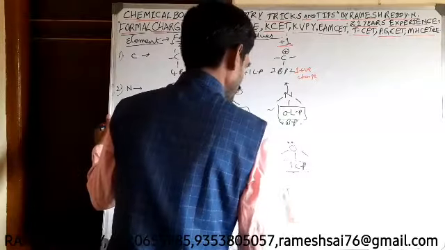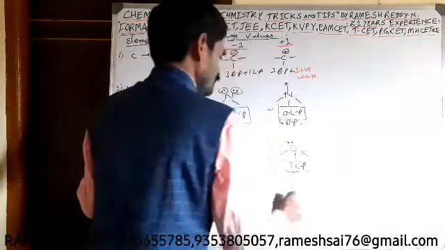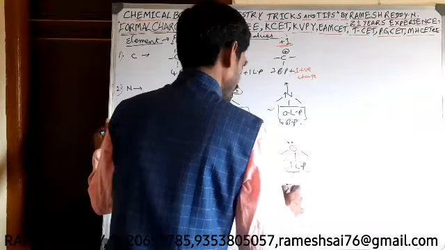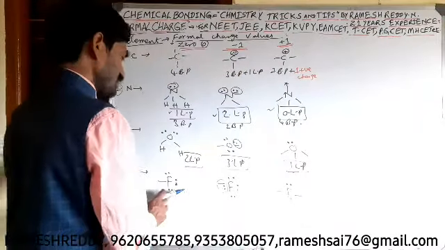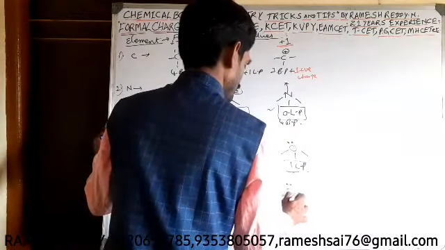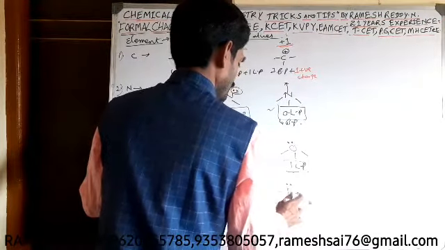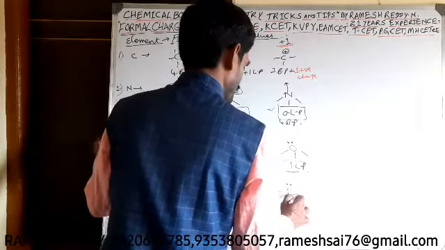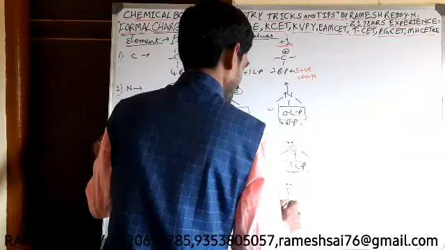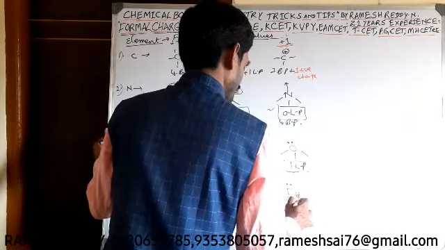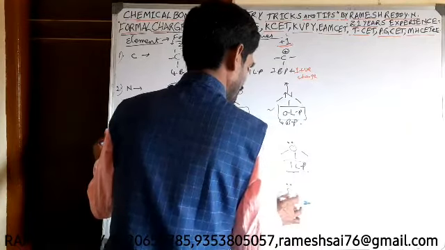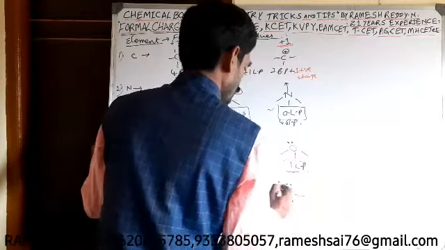If the fluorine has 3 bonds and 2 lone pairs, and this is present as a positive charge.